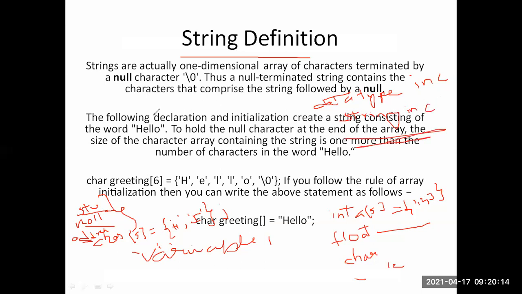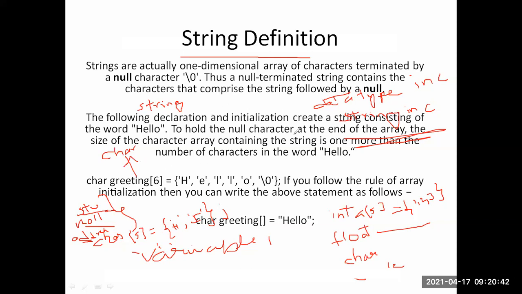In C++ and Java you use strings, and by using the string data type you directly operate the different string operations, but in C language there is no such data type. So how do we implement strings in C? We use the character data type to represent the strings.